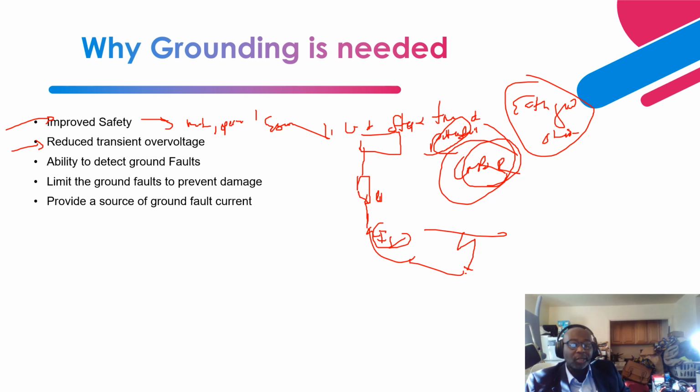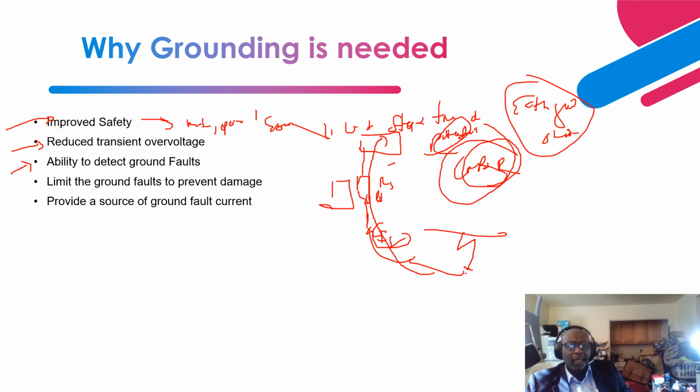If let's say a transformer is right here, and the neutral of the transformer is grounded through this resistor or a reactor, the resistor or reactor limits the fault current to a tolerable limit. As such, it results in a reduced transient overvoltage that can occur if this whole fault current is supposed to flow through the equipment, and it can cause damage.